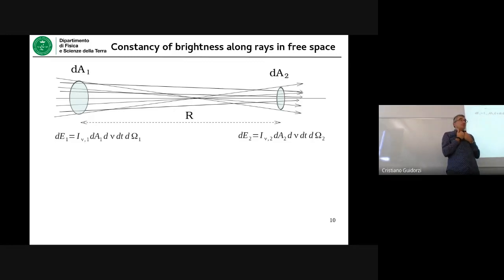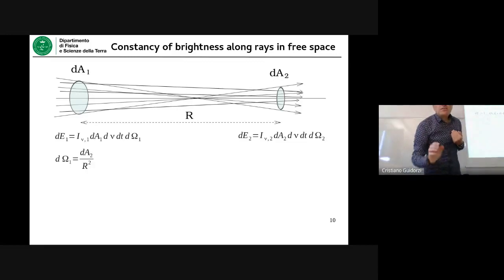And that means that d omega 1 is just the surface of dA2 over r squared, by the definition of solid angle. The solid angle subtended by a given surface element is just the surface area over distance squared.